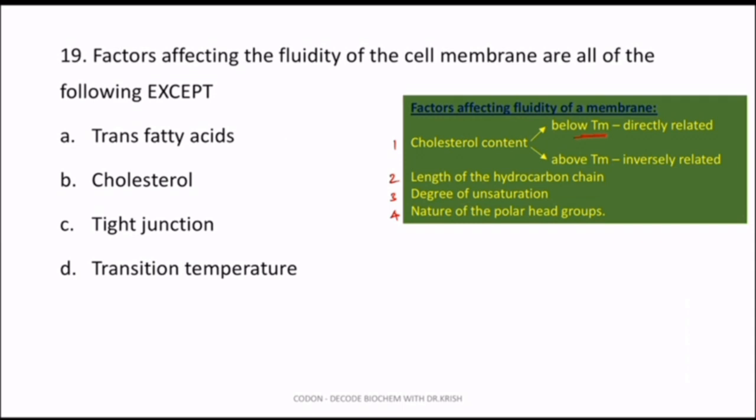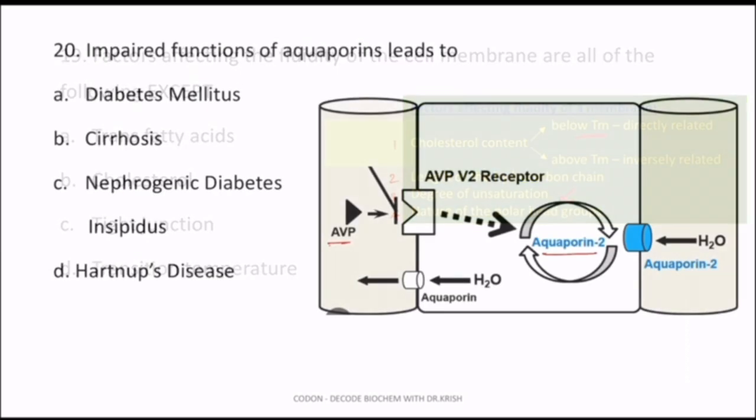When the temperature is above transition temperature, cholesterol content is inversely related to the fluidity of the cell membrane. When there are more unsaturated fatty acids, the fluidity is higher. Polyunsaturated fatty acids lead to higher fluidity. So tight junction is not affecting the fluidity of cell membrane.